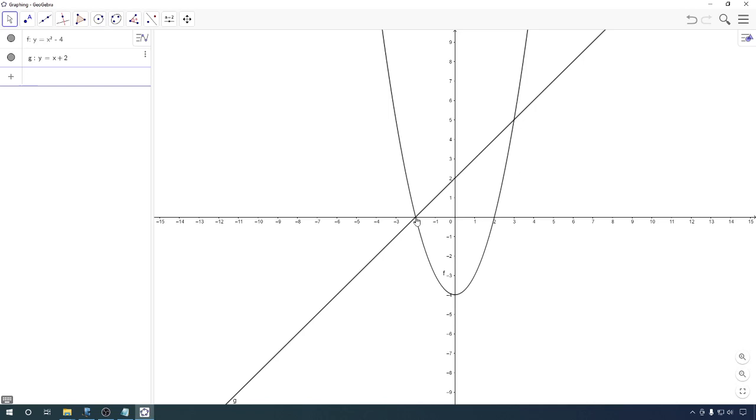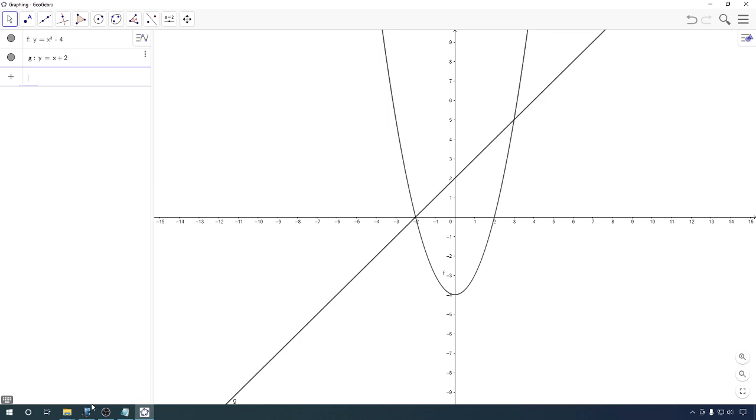And we can see that these two graphs intersect in 2 points. There's 2 points, 2 pairs of numbers that satisfy both equations at the exact same time. Now, we might be able to guess what those are on this particular graph, but if we had something more complicated here, we'd have to solve the two equations together in order to figure out what points those are.